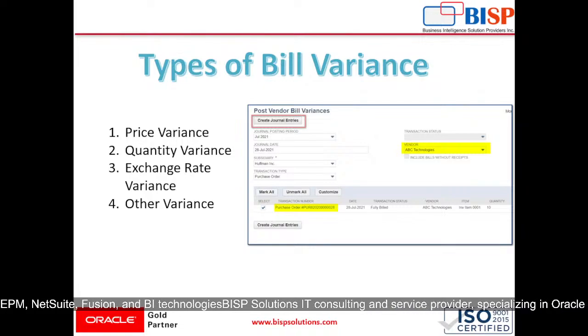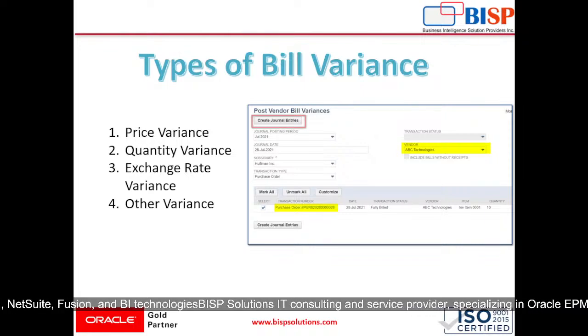Sometimes it happens that goods get damaged or lost during shipment. When we tell the vendor about the same, they provide the bill according to the units we received from the shipment. So this is what quantity variance means.